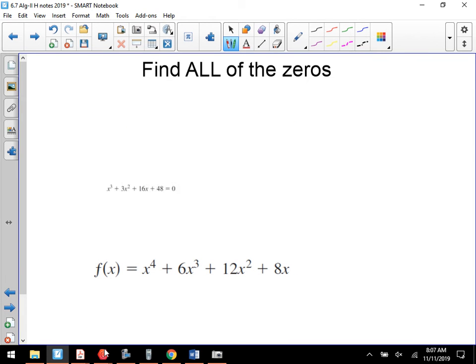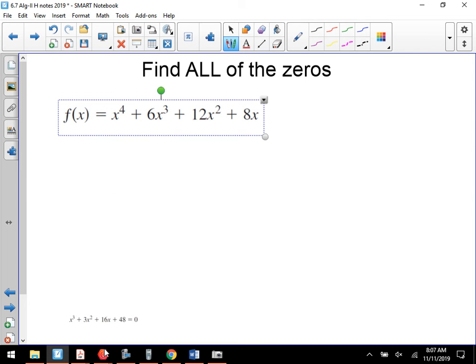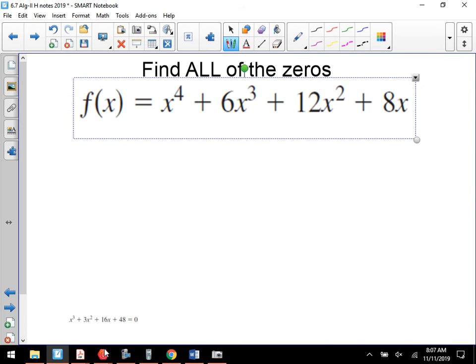Actually, let's do this one. Let's find all zeros. It's kind of what we've been doing. I have x to the fourth, 6x cubed, plus 12x squared, plus 8x.